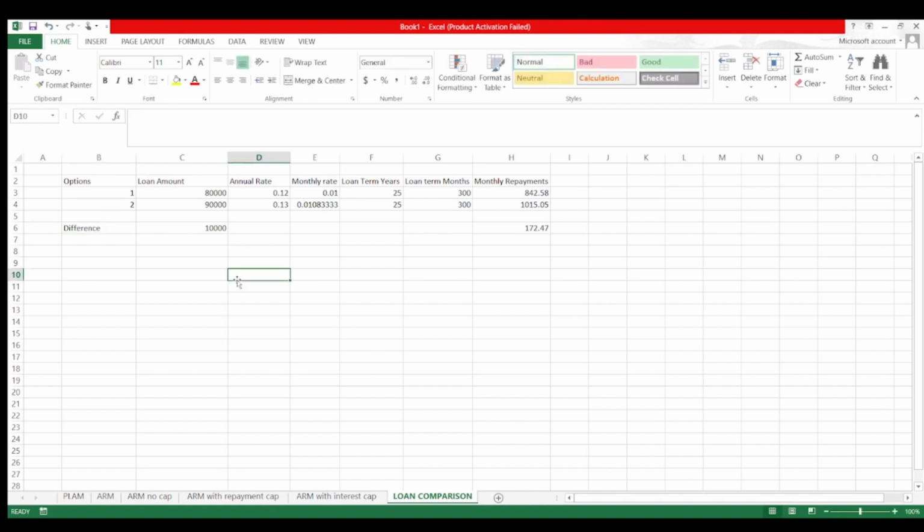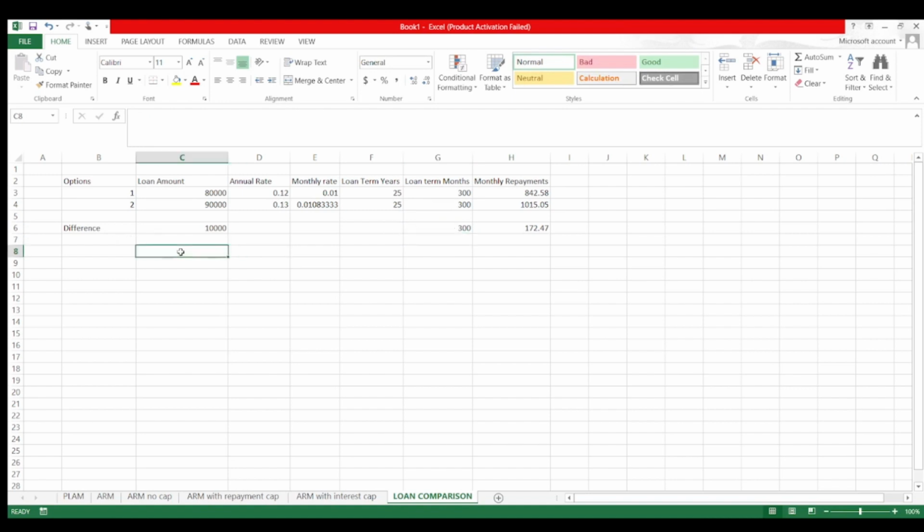So now you try and get the rate which is applicable for such a case where, if you are taking a loan of 10,000, the monthly repayments are 172.47, and the loan term is 300 months.